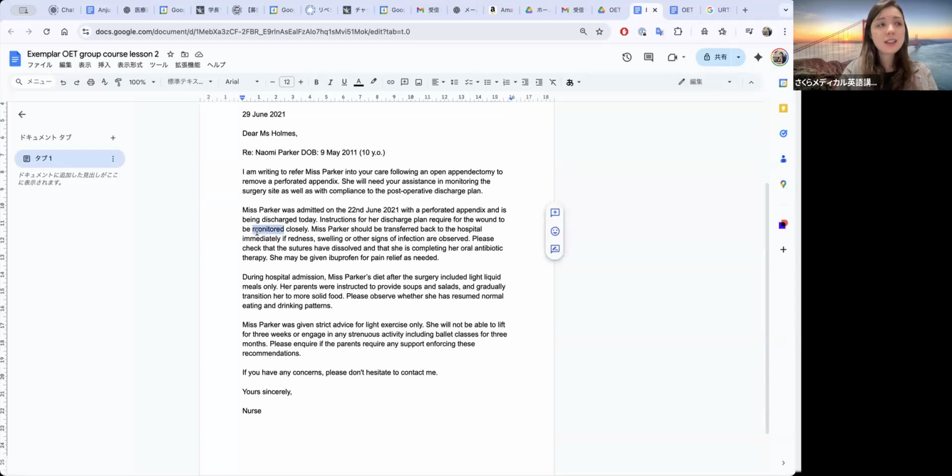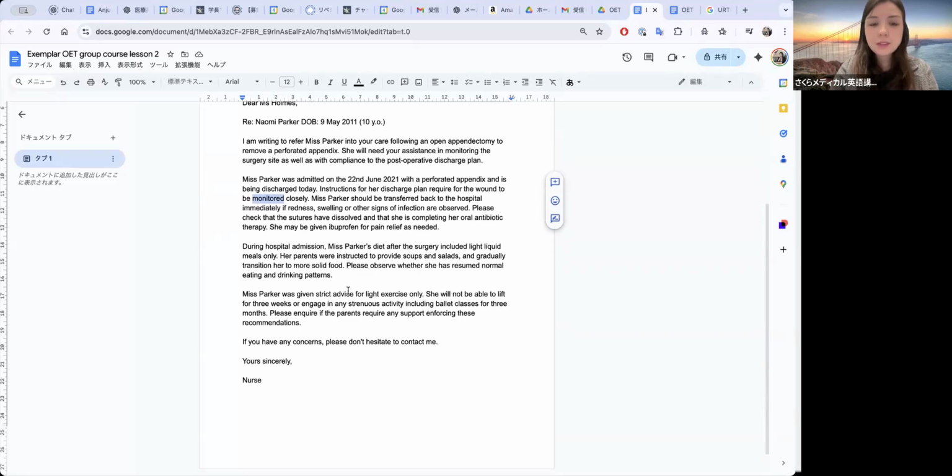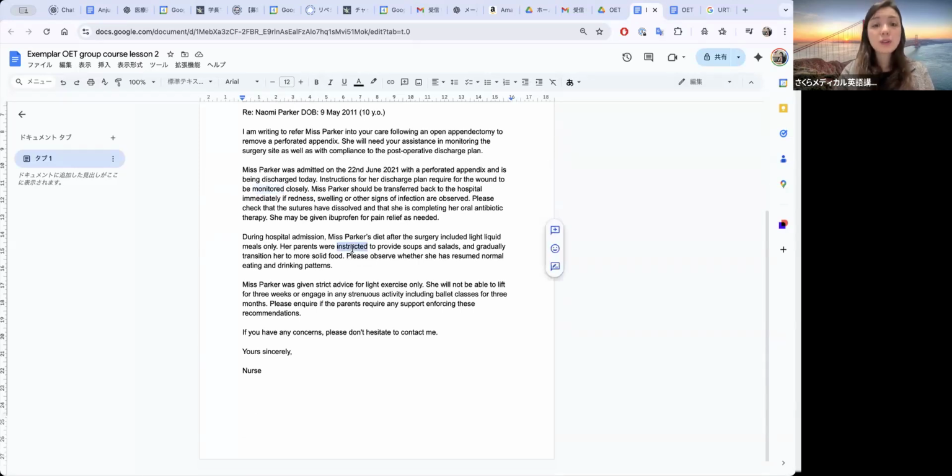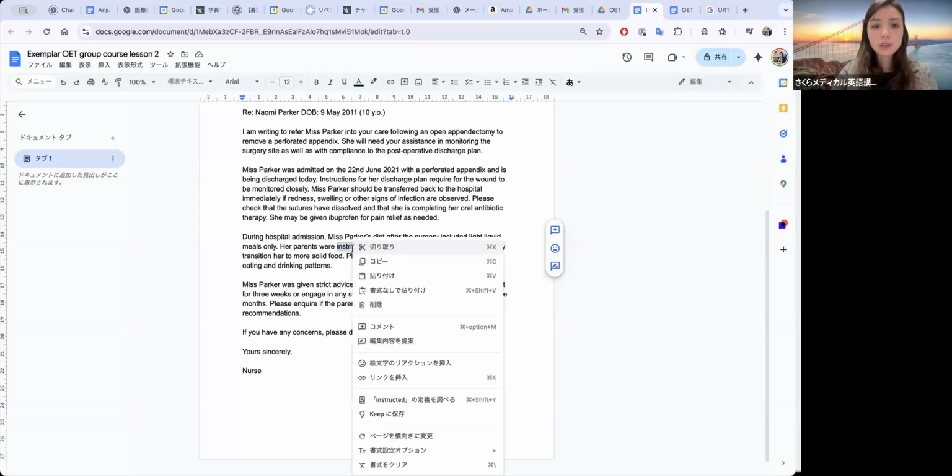Let's say you want to say 'monitored' instead of 'please look out for', right? 'Monitored' is more formal. 'Her parents were told to' is quite casual. You want to say 'her parents were instructed to'. So those are sort of the more formal terms.